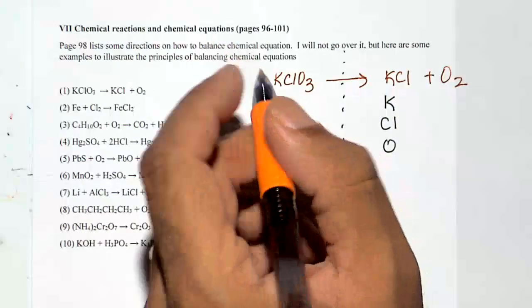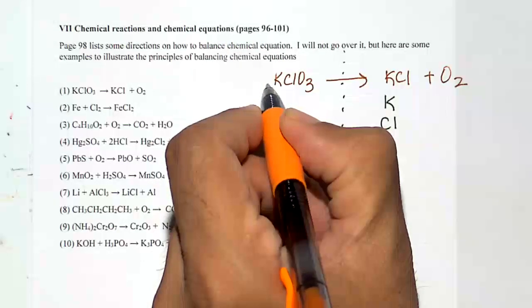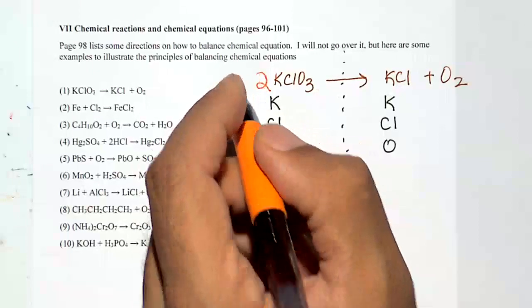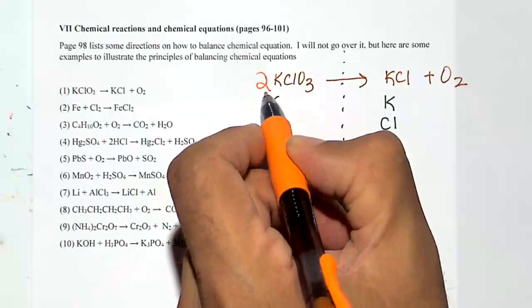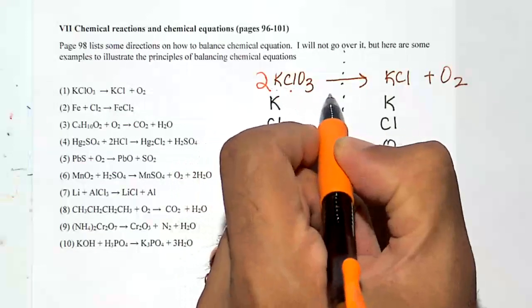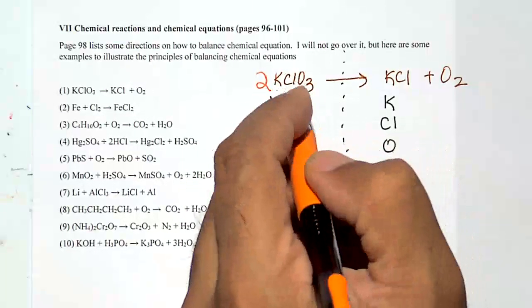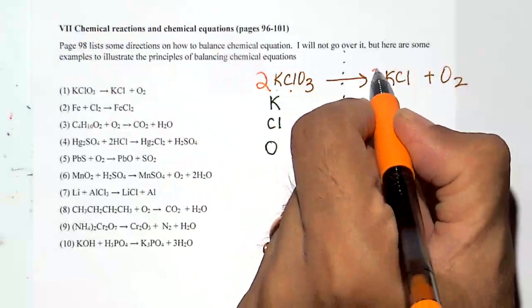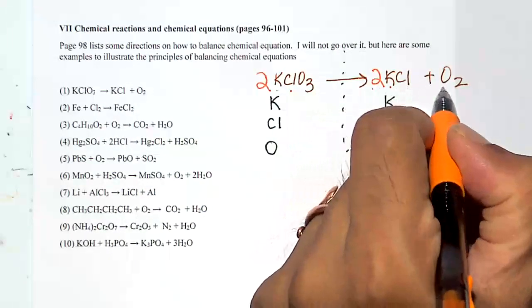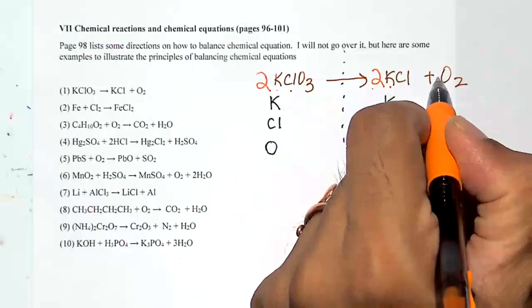So Gerardo, right? If I put a 2 here, again, trial and error, that's 2K, 2Cl, 6 oxygens. If I put a 2 here, I get 2K, 2Cl, and what can I put here? 3.